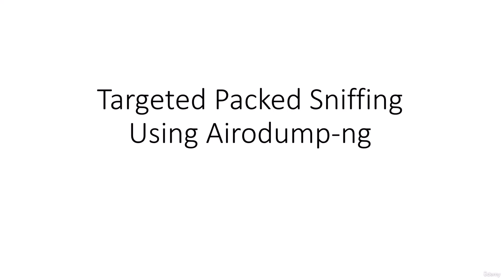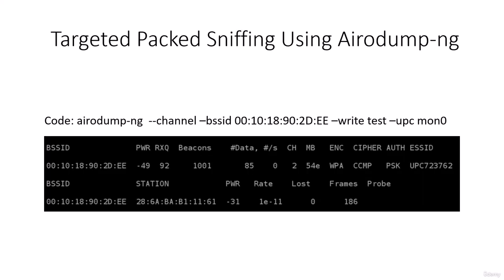Instead of running it with all the networks around us, in this lecture we will talk about how to use it to sniff a specific network. What you have to do now is type this command in the terminal.